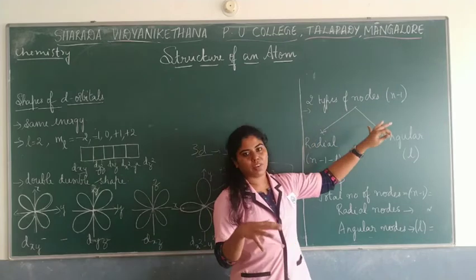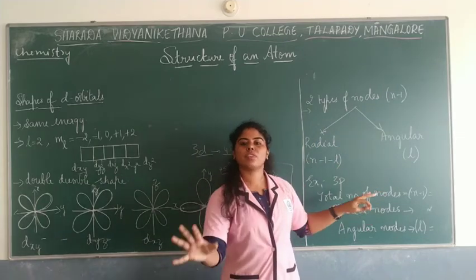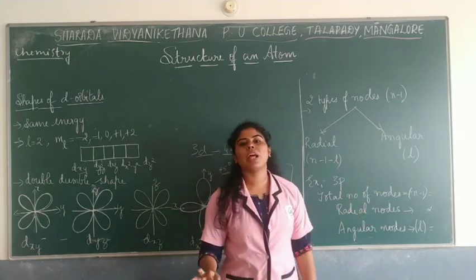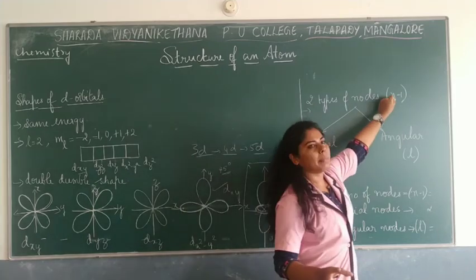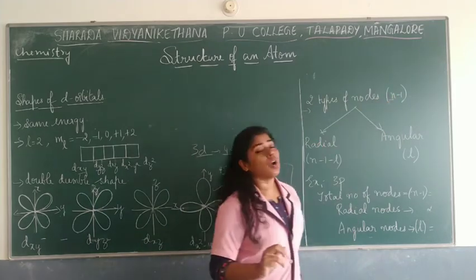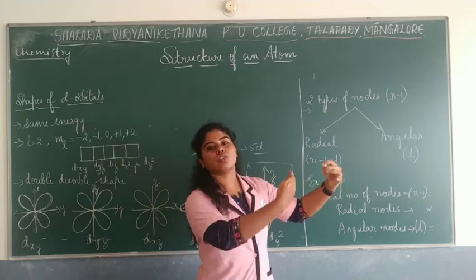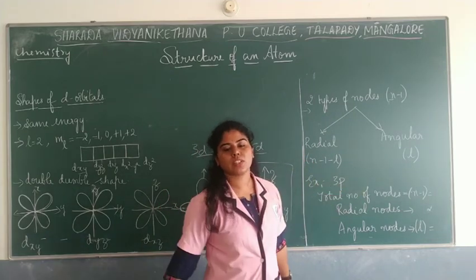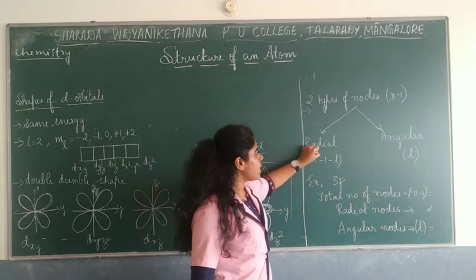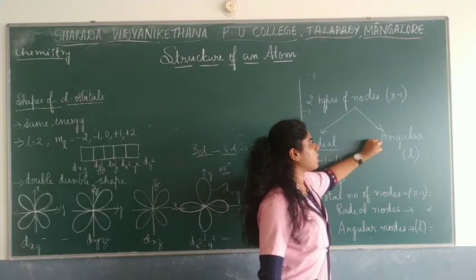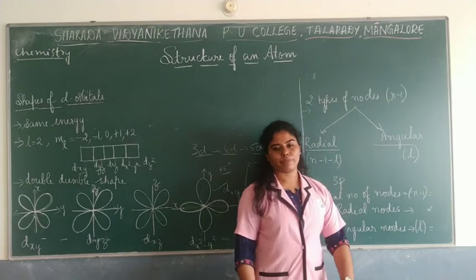Now in these number of nodes, we already know that number of nodes can be found out by the formula n minus 1, where n is a principal quantum number. Now talking about these nodes, there are two types of nodes when you talk about this p orbital, d orbital and so on. So one is called the radial node and the other one is called the angular node.